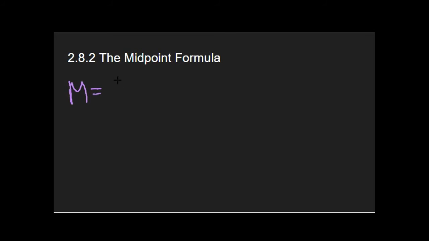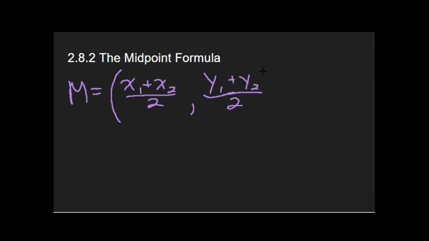Midpoint is equal to x1 plus x2 divided by 2, comma, y1 plus y2 divided by 2, and parentheses. Notice we have parentheses, we have one value, a comma, and another value in there. Once you solve this, it's actually going to give you a set of ordered pairs. It's going to give you the x-coordinate of the midpoint and the y-coordinate of the midpoint.